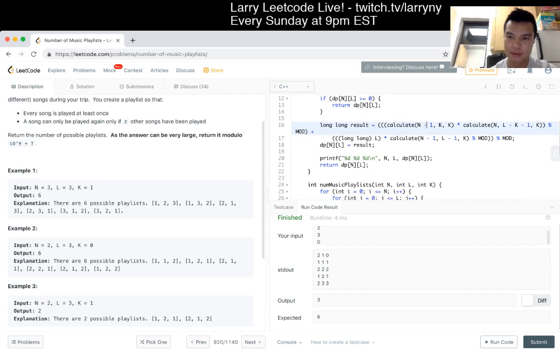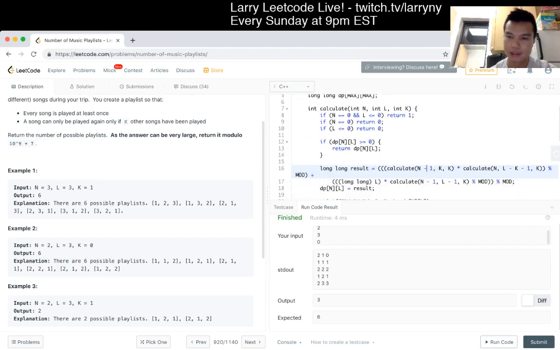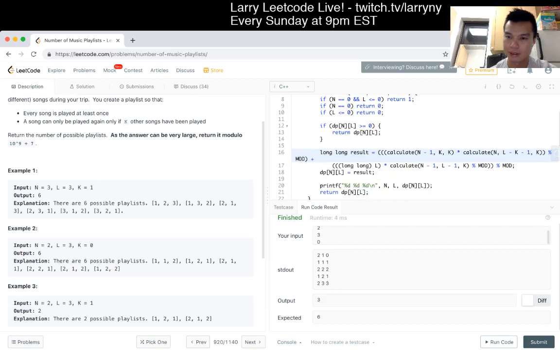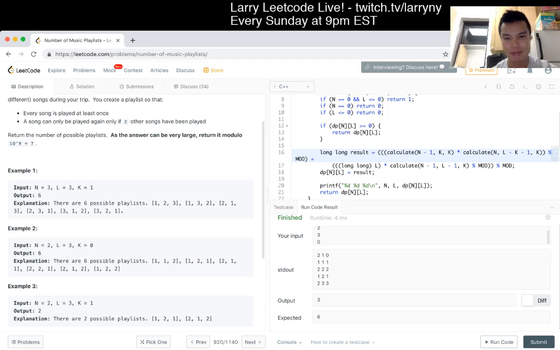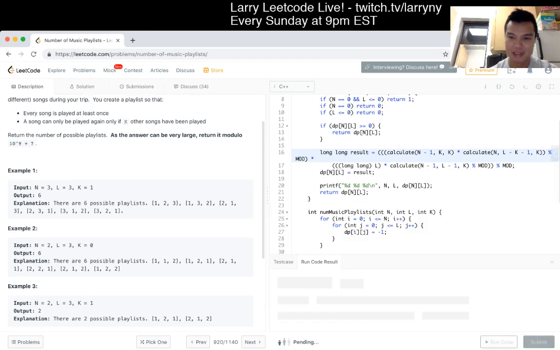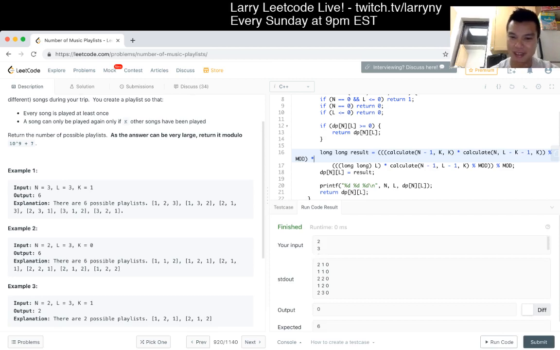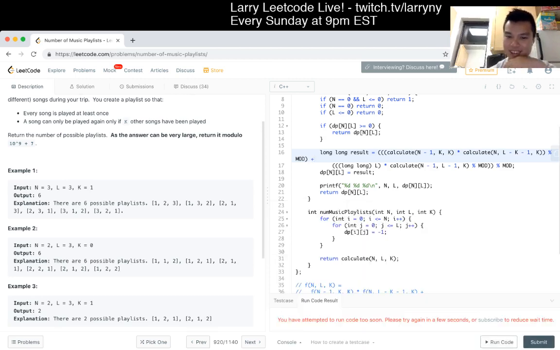Oh, this will just always be 1, because K is 0. This is just 1 times 2, 2. So 2 plus 1 is 2. Man, don't tell me I'm multiplying it. That would be great. Did I just get this one? Nope. Okay. Happy that my intuition is still right.